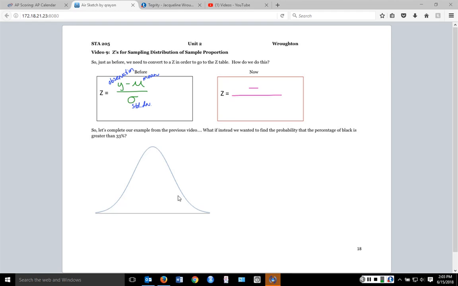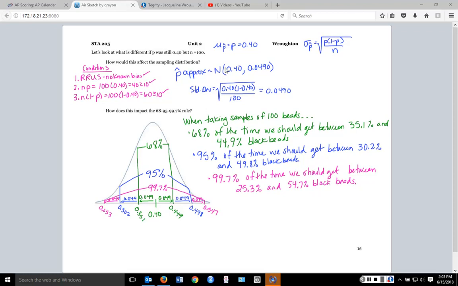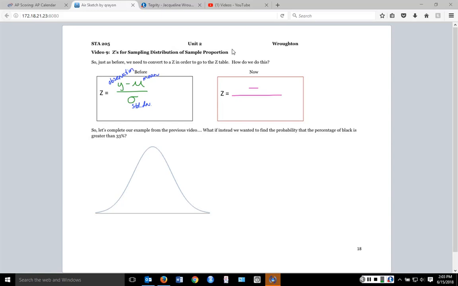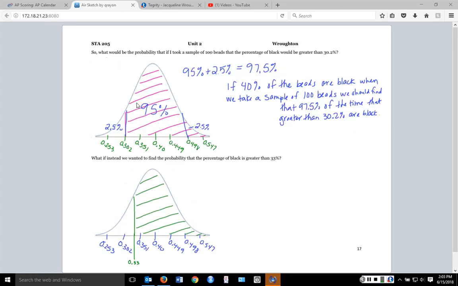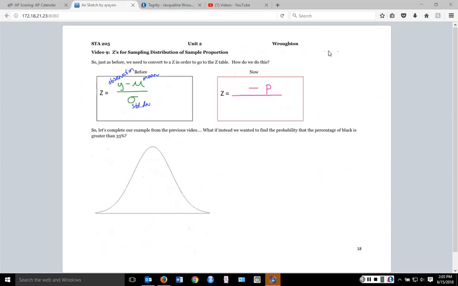But now my mean, remember, our mean of p hat is whatever p is. So where I had mu before, I'm going to plug in p. Also looking at my standard deviation, our standard deviation of p hat is this square root number that we had before. So it's going to replace our sigma.